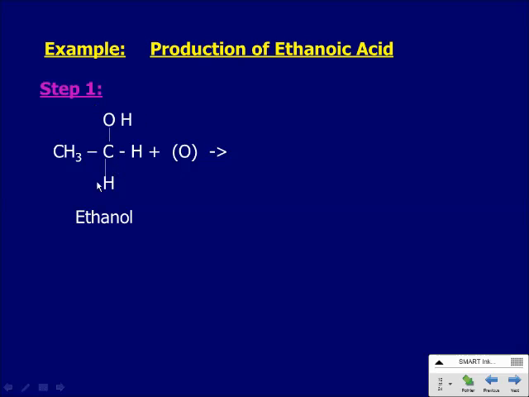We've already seen the reaction of a primary alcohol with oxygen. That was the beginning of this lesson. This oxygen, take an H from here and an H from here and turn it into water, and we'll have a double bond formed in there.